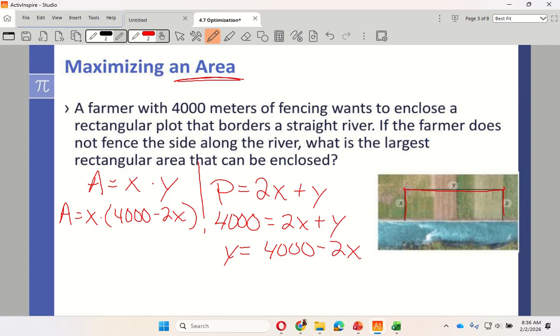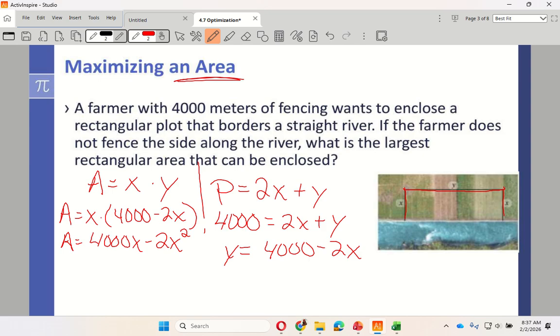So that's going to help me out. Now let's distribute that. A is equal to 4,000x minus 2x squared, and this is the formula for my area.